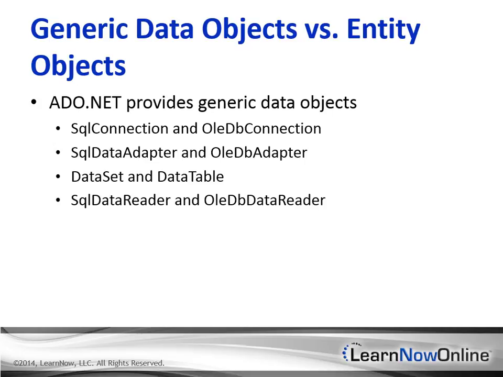The two data containers, dataset and data table, can contain any two-dimensional data, rows and columns, that you read from a data store or generate in memory as the application executes.